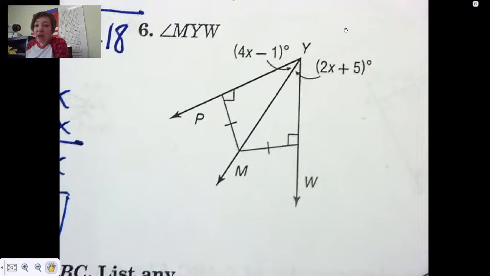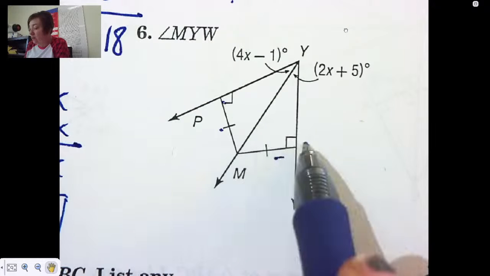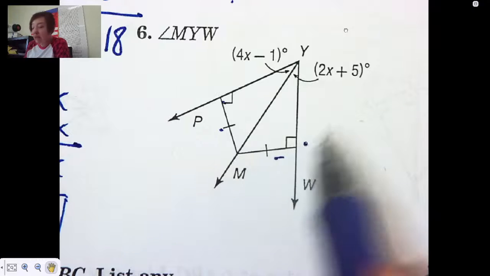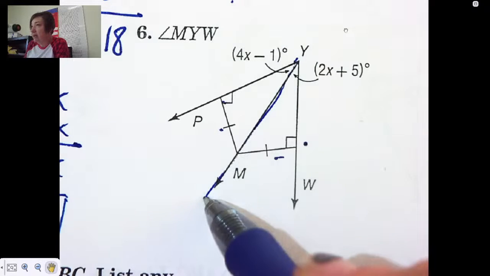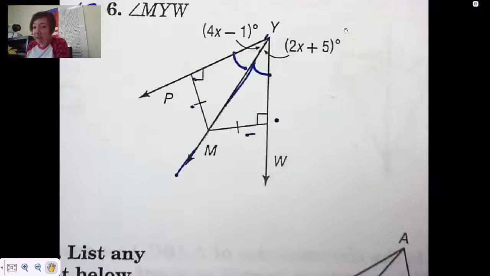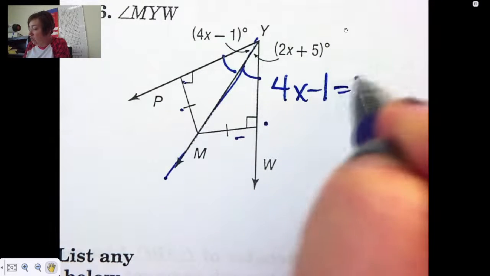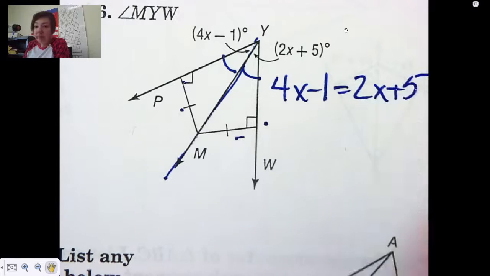Okay, look at this one. So notice this is congruent to this, and these are at the same angle, right? That tells us that this right here is an angle bisector, which means this is congruent to this, which means 4x minus 1 equals 2x plus 5. Right?